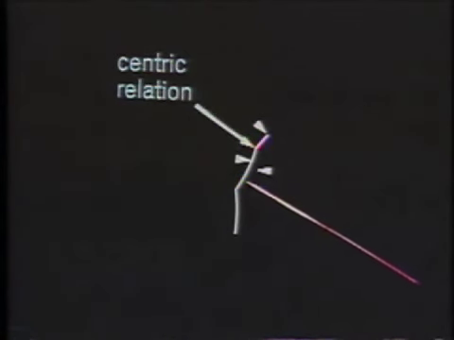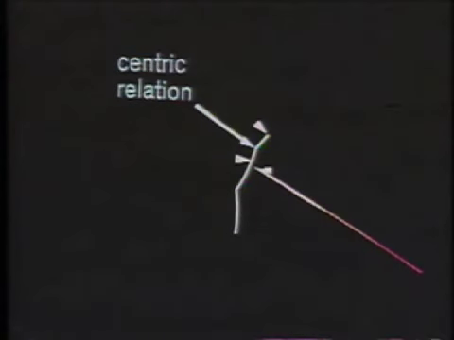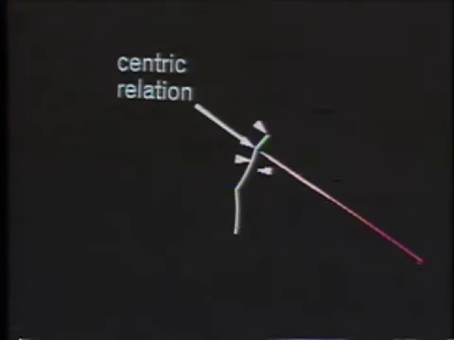So if we want to locate centric relation in the patient's head, we would have the patient opening and closing along this terminal hinge movement, and when we felt we had this terminal hinge position, we would bring the teeth into contact, and this would give us our centric relation position, or centric relation contact. This is the tooth contact, or stopping of the hinge at the level of the teeth.